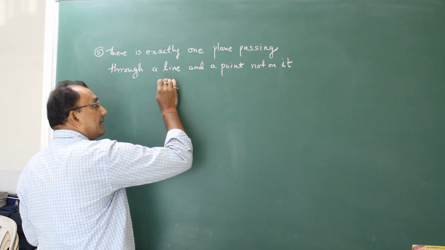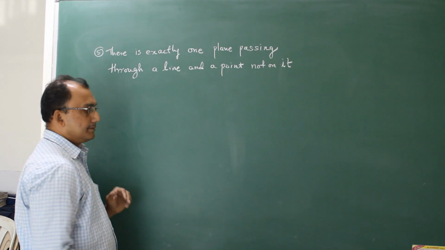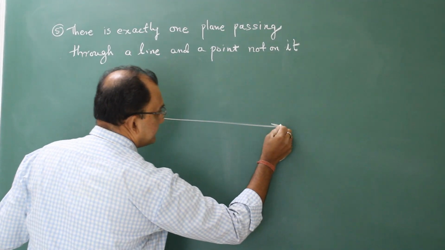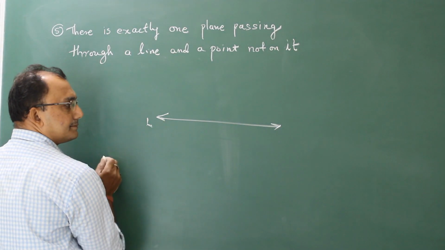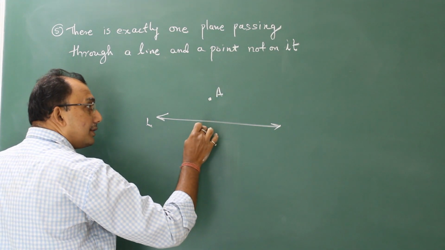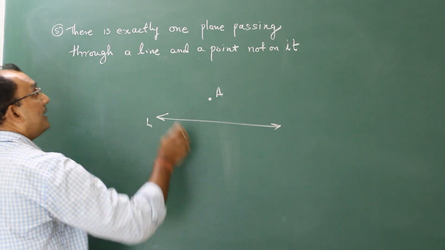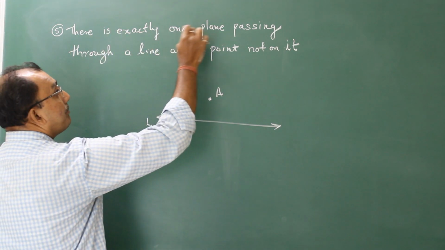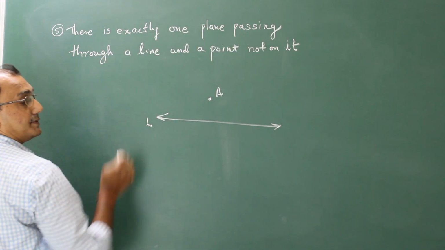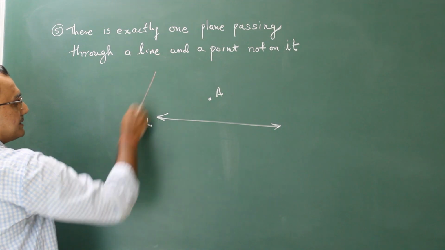Passing through a line and a point not on it means we have a line L, and we have a point A which does not lie on line L. In this case, we will have exactly one plane passing through it. And the plane we can represent in this pattern.